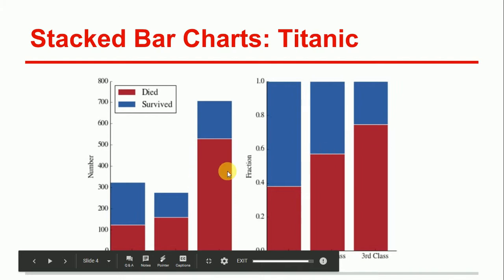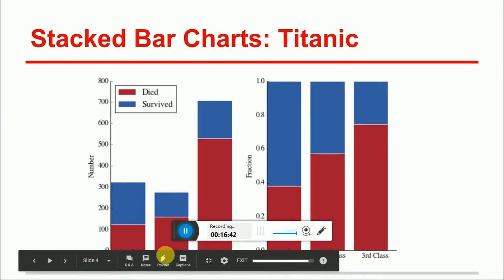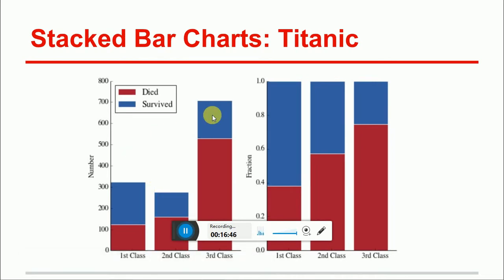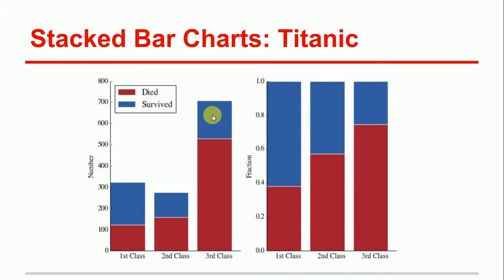However, which one do you think is more important? If you look closely, each column here represents first class, second class, and third class. But notice here in a fraction, things are more visible.